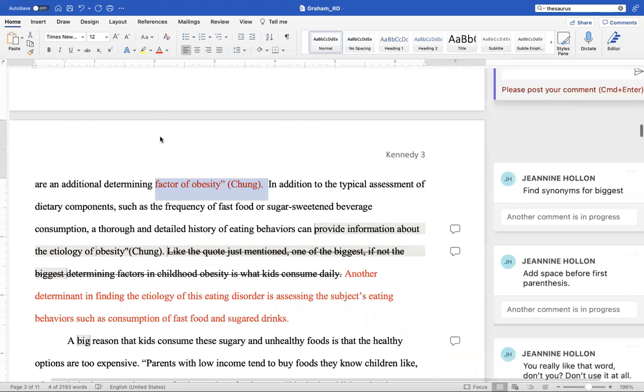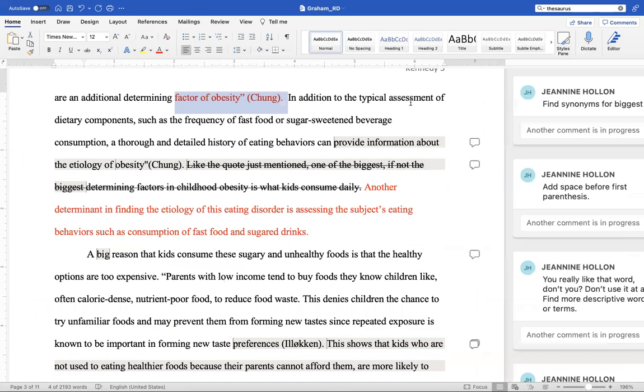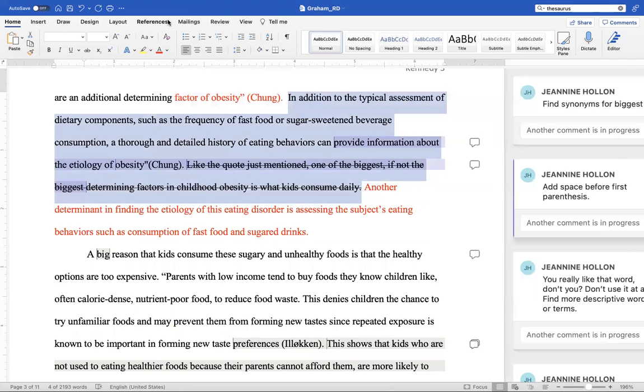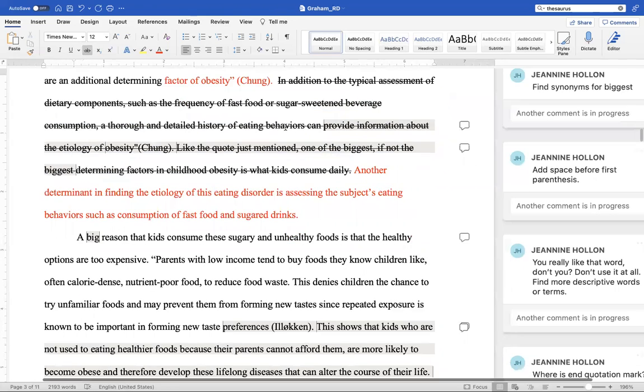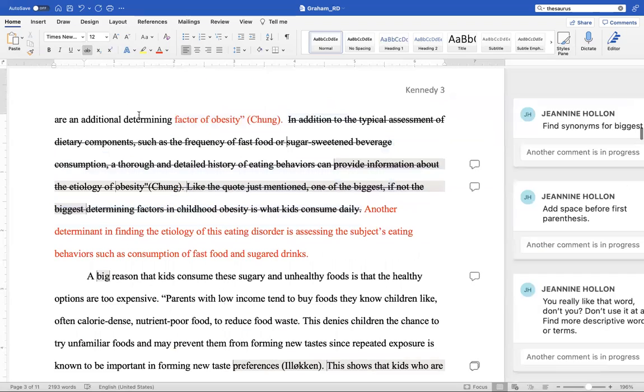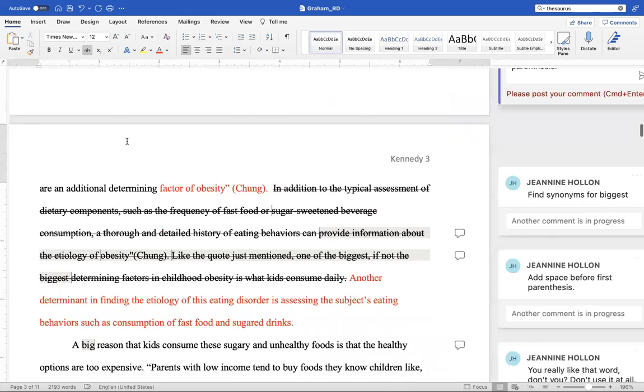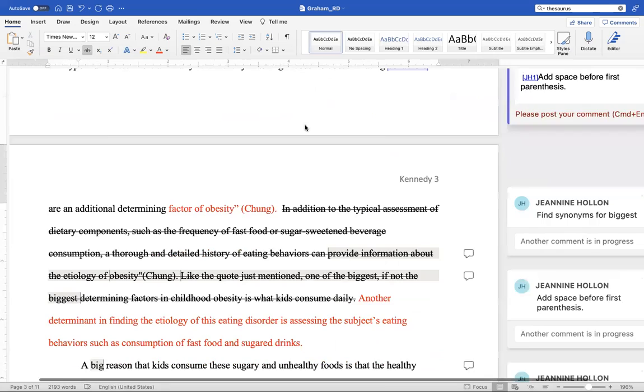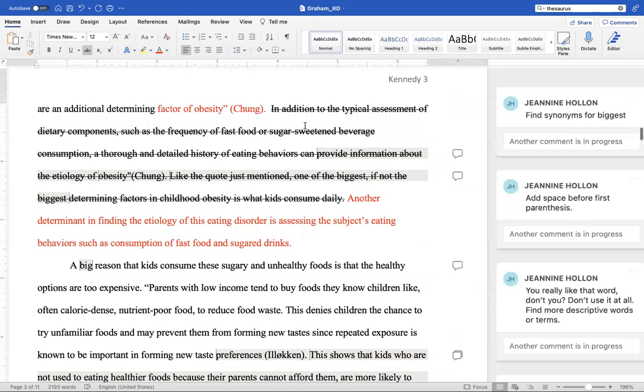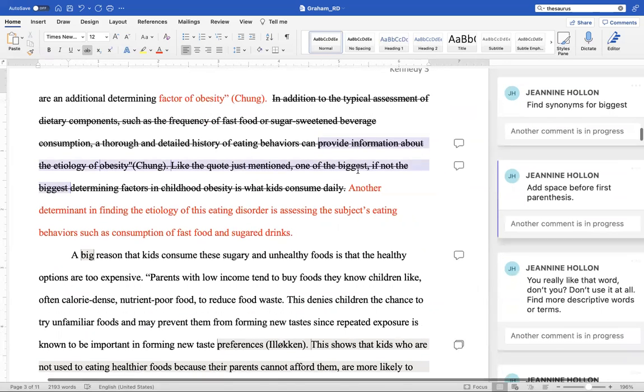And then in addition, I would take this out because what I did, I took all of this out. And not only did I paraphrase it, I actually put it in shorter words. Okay, so it says eating behaviors are an additional determining factor of obesity.